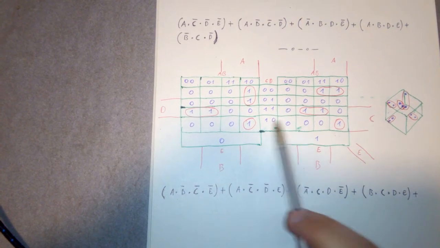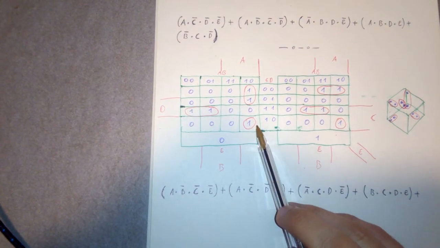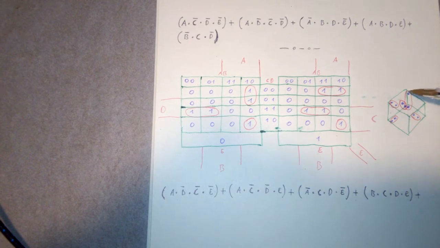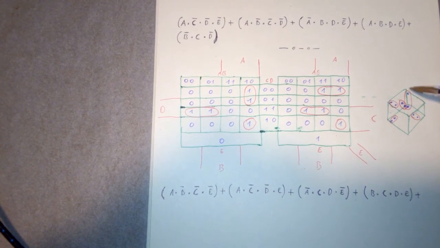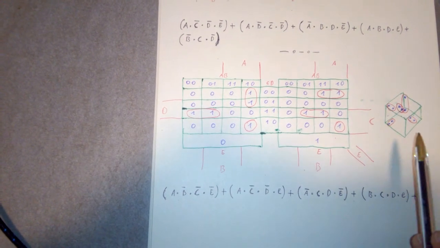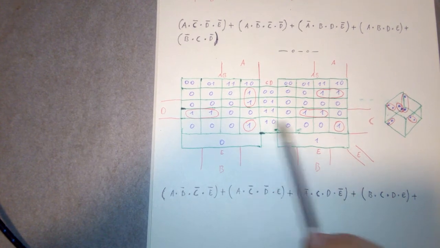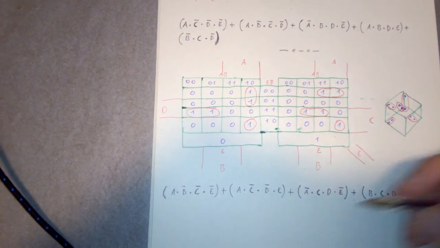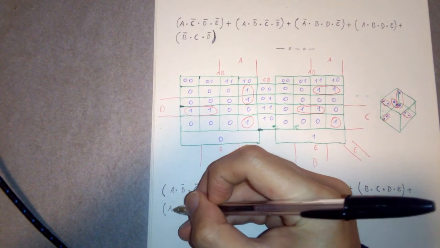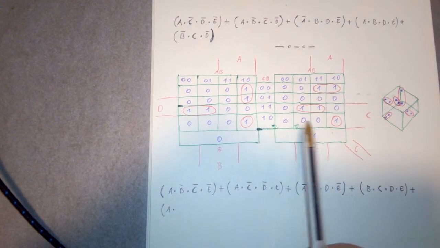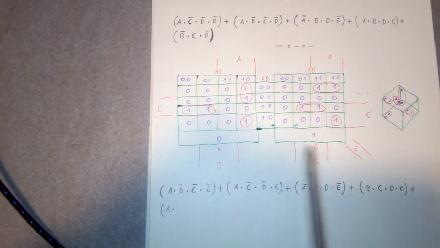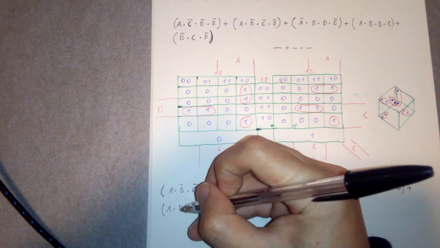Lastly, we're going to have this group of two, one on the bottom and one on the top. So bottom and top, those two. They are both inside of A, so we're going to have A times. They're both outside of B, so we're going to have B complement or B naught.